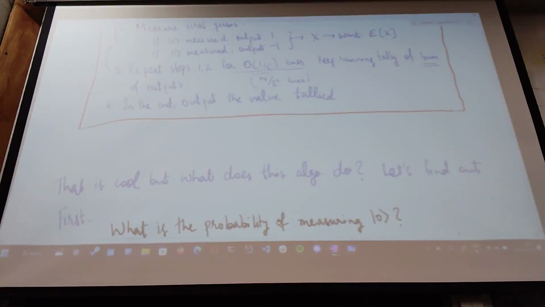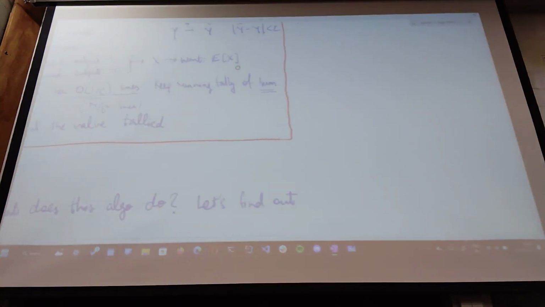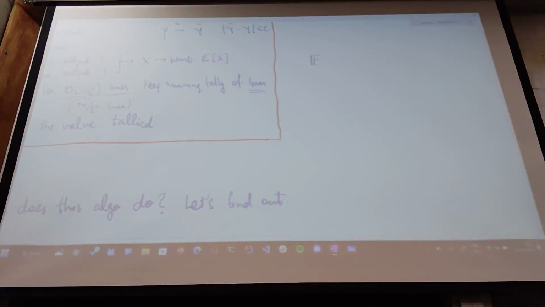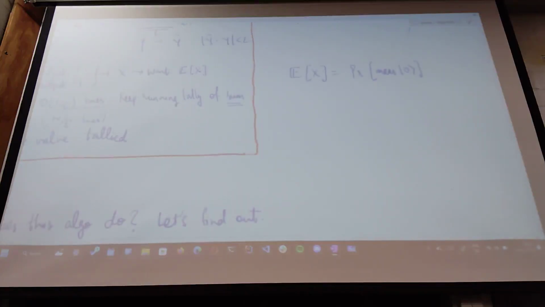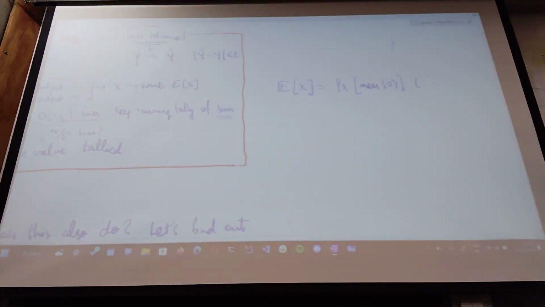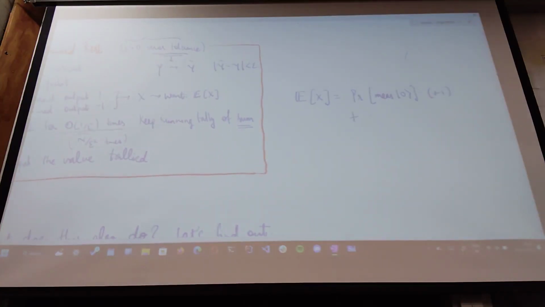Okay, so first to do that, you should note that you can write the expectation value of x as the probability of measuring 0 times the value which x takes if you measure 0, that is plus 1, plus the probability of measuring 1 times the value which x takes if you measure 1, which is negative 1.